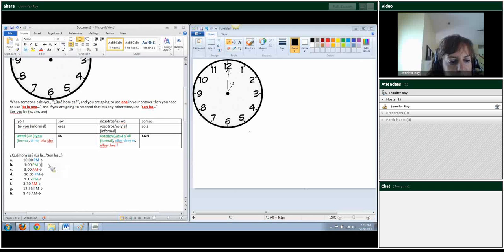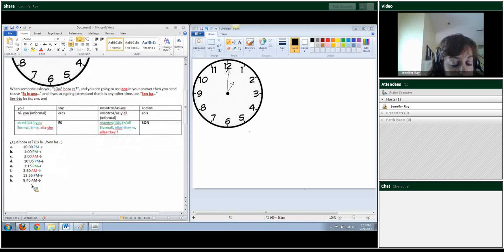So if we look down here, if these are fictitious times, if it's 10 o'clock, it's not 1 o'clock. So you're going to say son las, and then you just say the number. And you would refer back to, I think it's page 12 maybe, somewhere around 10, 11, 12 in your text. And that tells you what the numbers are.